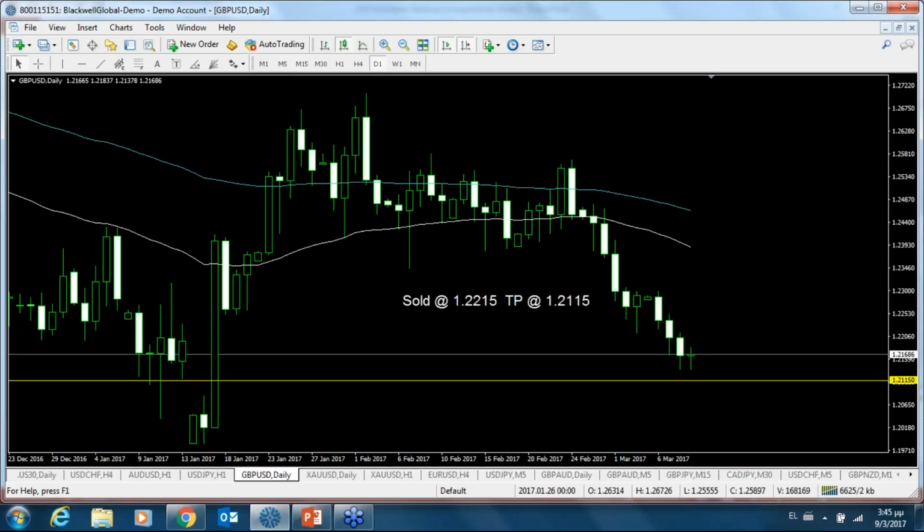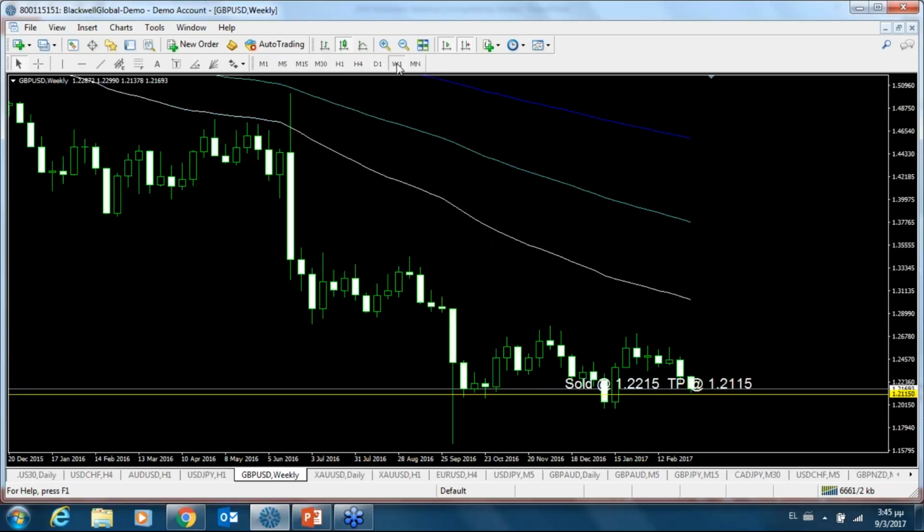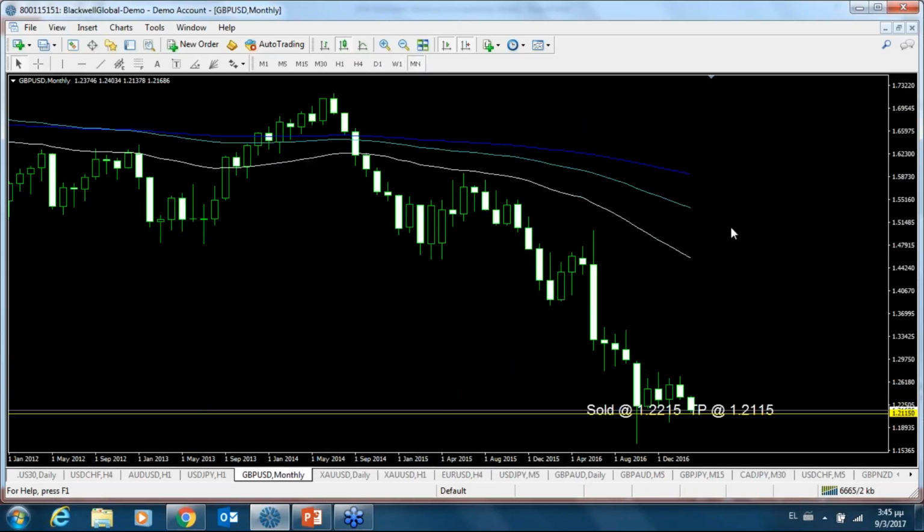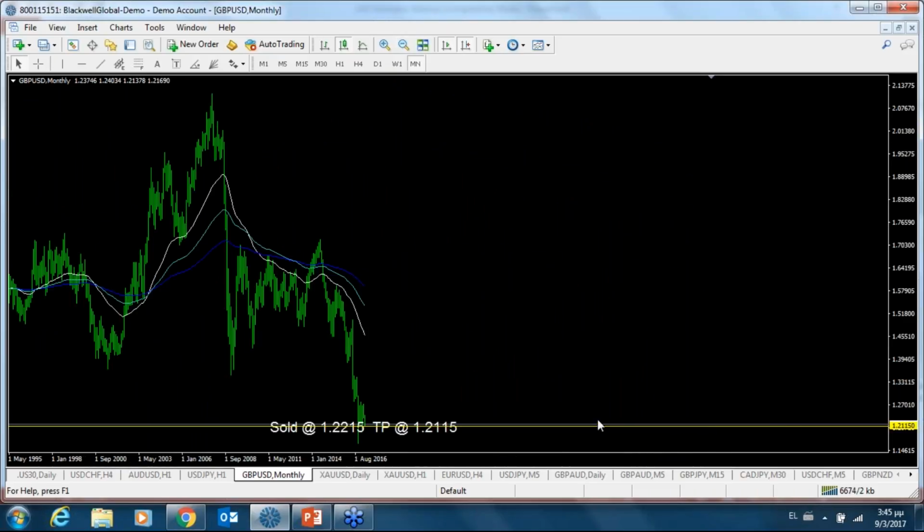So there you go, from the 15 minute right down to the daily chart, it's still giving you the hint that the bears, or the sellers, are getting stronger and stronger and pulling the prices for GBP USD to the downside. As we go on to the weekly chart and the monthly chart, you get the same picture. You can only get more and more bearishness.